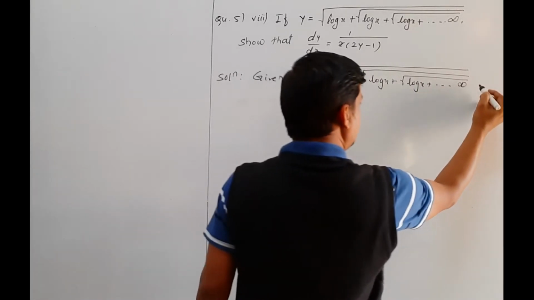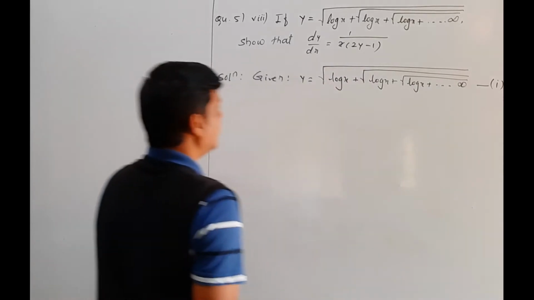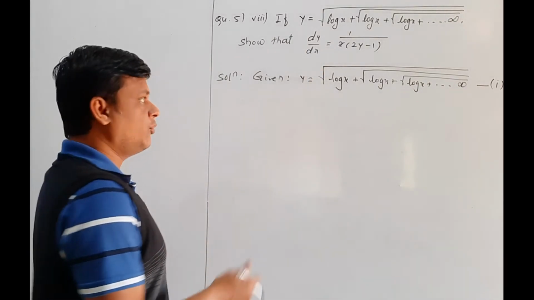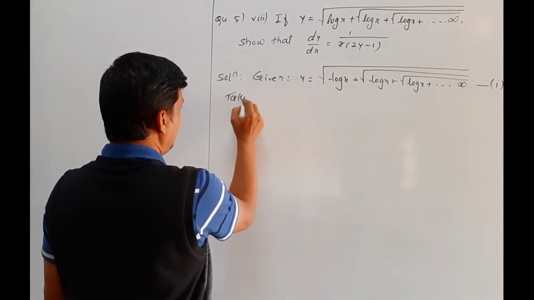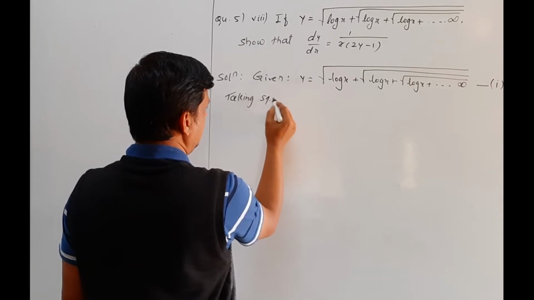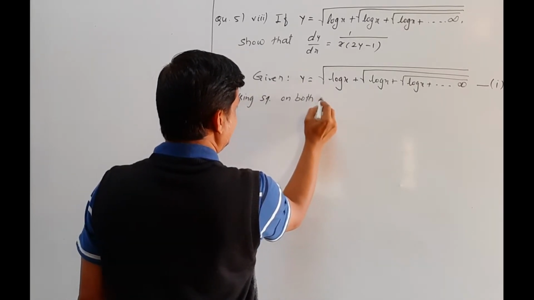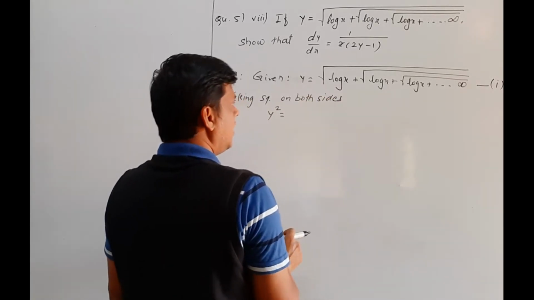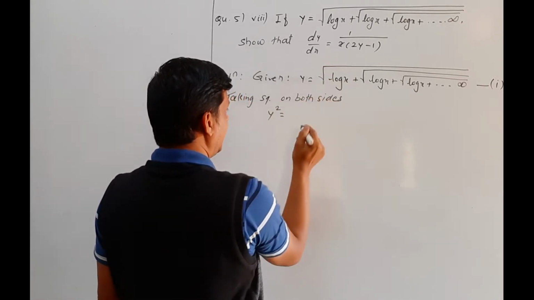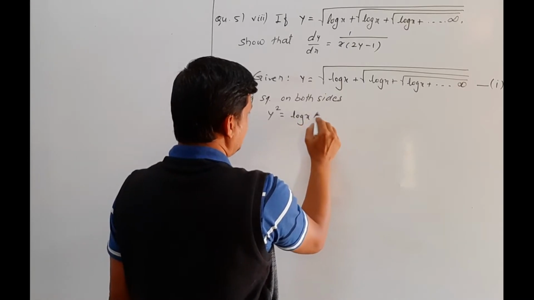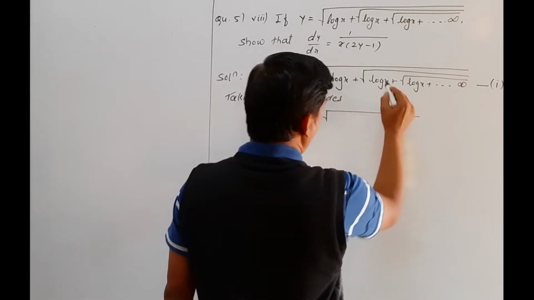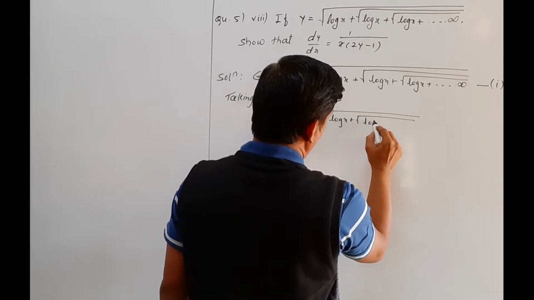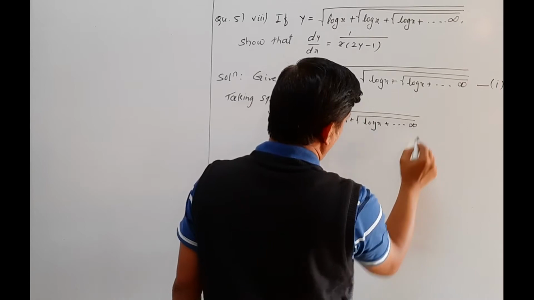We denote this as equation number 1. Now we remove this outer root, so taking square on both sides. In the left hand side we get y square equals to, in the right hand side this outer root gets cancelled, so we get log x plus root of log x plus root of log x plus and so on up to infinity.